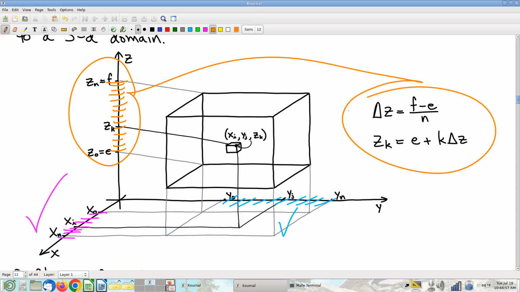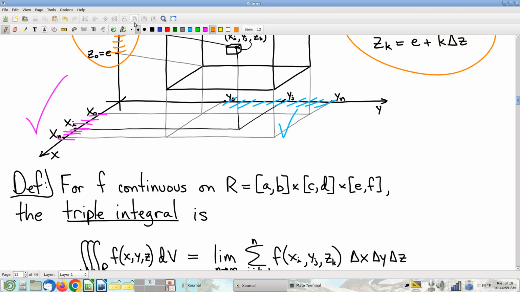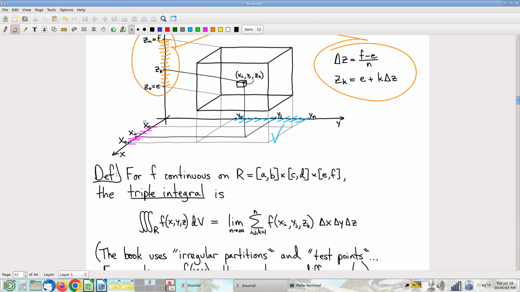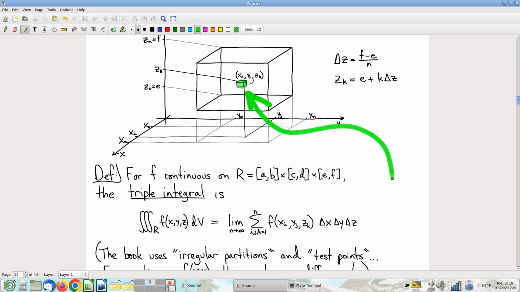Having done this, the idea of a Riemann sum is just to say, well, I've got all these little boxes that have resulted from me chopping up my big box into a bunch of little sub boxes. And on each one of these little sub boxes, for various reasons, I might want to do something like this. Now, why would I want to do such a thing?